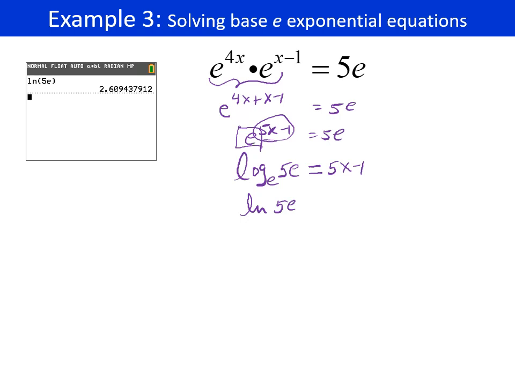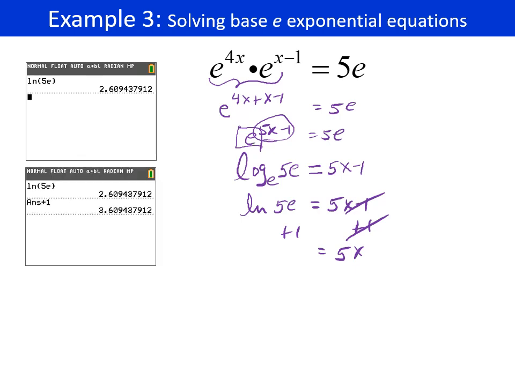However, to finish solving this, we need to add 1 to both sides. Over here, I'm going to simply on my calculator type a +1, and it takes the answer and adds 1 to it.